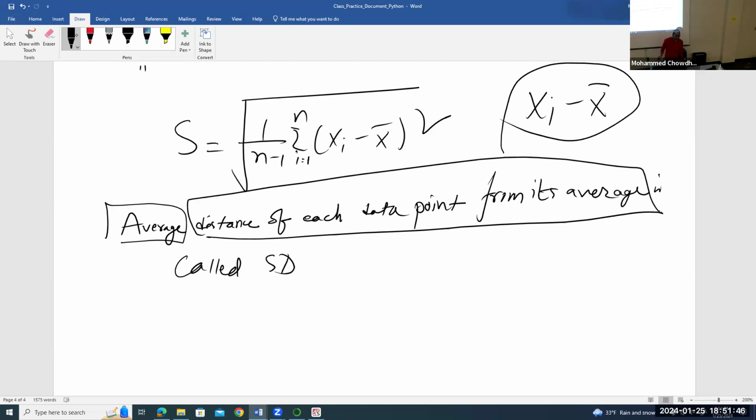Average means what? If you add 5 numbers, you divide by 5. You add 2, 3, 7, 9, 10, these 5 numbers, and then divide by 5. You added 5 terms, so you divide by 5. But here you are adding n terms. Why are you dividing by n minus 1, and why not n? This is mathematically proved.